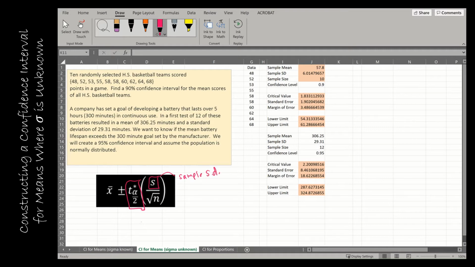And so the big thing that you need to understand is the difference between the normal model and the t model is that the t model has everything to do with sample size. And so the bigger the sample size gets, the closer our model will look to the normal model. The t model looks very similar to the normal model, but it has fatter tails.